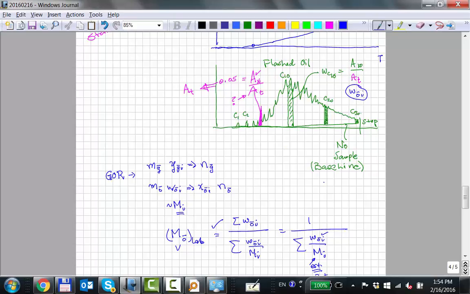So the weight fractions for the heaviest, maybe greater than C25, C20, are very uncertain because of this. We really don't know what the baseline shift should look like. We should, but we don't really know. So there's a lot of uncertainty in the amounts of these heaviest. We certainly don't know the molecular weight.